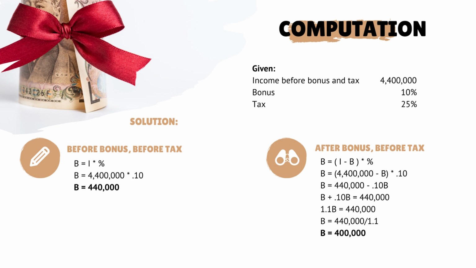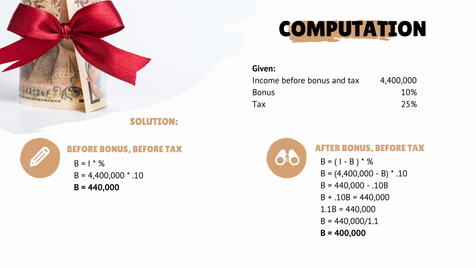So first, here are the given. The income before bonus and before tax is 4,400,000. And then the bonus percentage is 10%, and the tax is 25%. So if we compute the bonus before bonus and before tax, we put here income times bonus percentage.